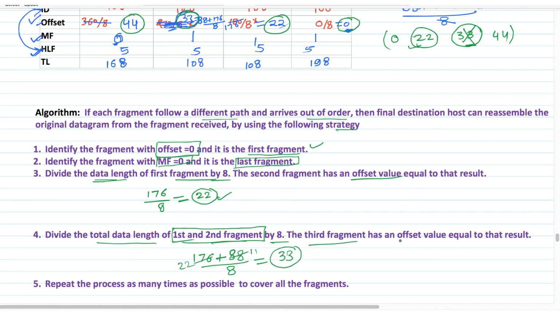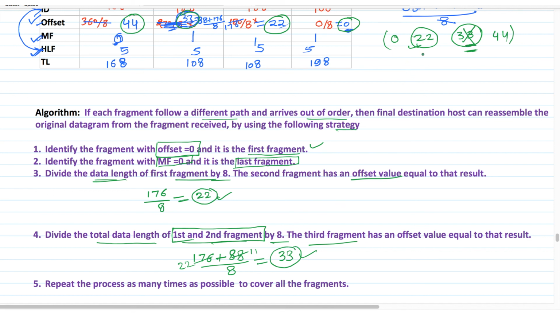So the third fragment has an offset value equal to this result. The receiver can easily identify there must be a fragment having offset value 33. If it does not receive any fragment having offset value 33, it can easily identify that one fragment is lost in the network, and the receiver will ask for it again.